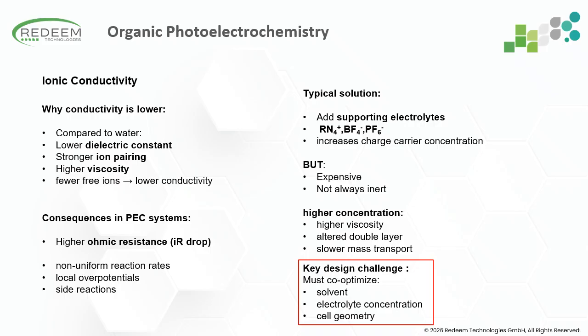For the reactor, this mainly means a larger ohmic resistance or IR drop, which we have discussed previously, leading to potential gradients or non-uniform reaction rates, and potentially lower selectivity downstream. A common solution is to add supporting electrolytes, typically tetraalkylammonium salts, such as tetrafluoroborates or hexafluorophosphates, and they increase the concentration of mobile ions and improve conductivity while being relatively inert, though not in all reactions.